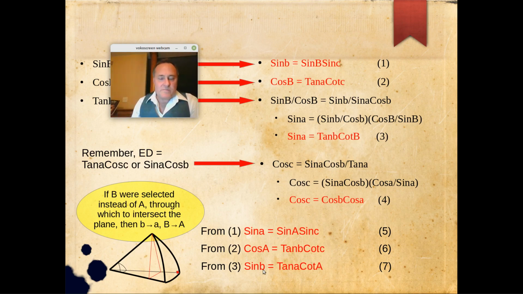And what it would do is it would change 1. Essentially, it would change little b for A and big B for big A. And that's what I've done here. Sine little a equals sine big A sine C.